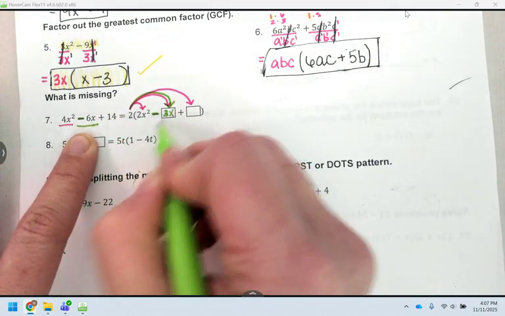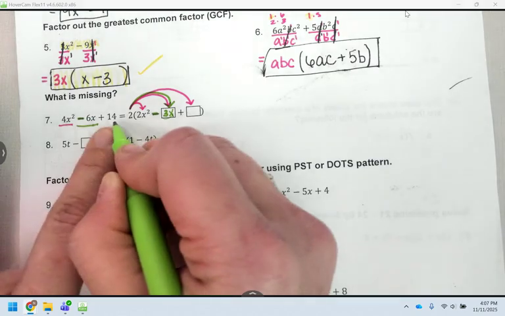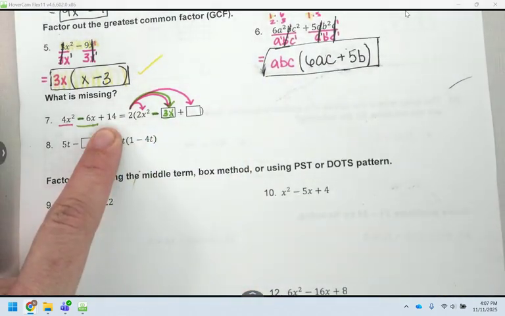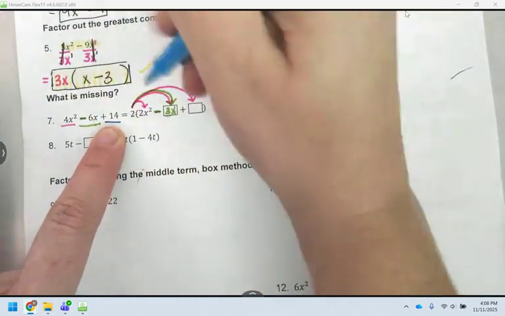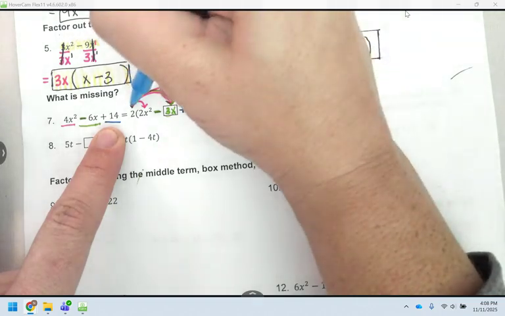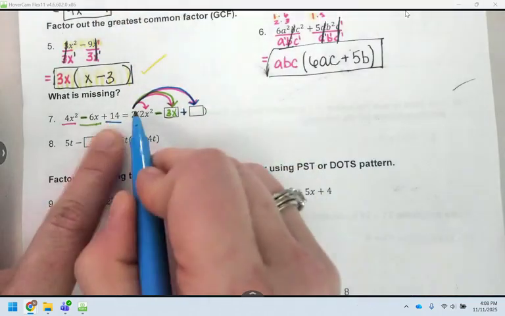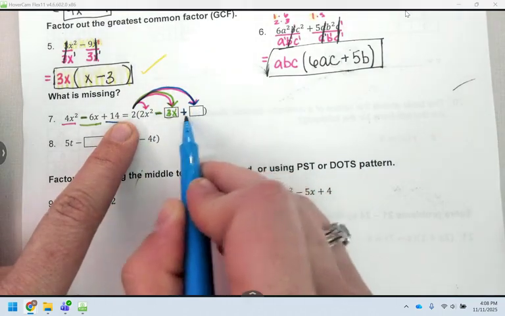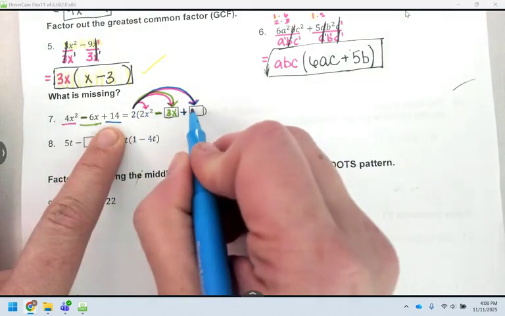So 2 times 3x gives me 6x. All right, and then moving on to the third term. So 14, this plus is already here, is supposed to be 2 times this one. So 2 times this missing piece gives us 14. That would have to be 7.